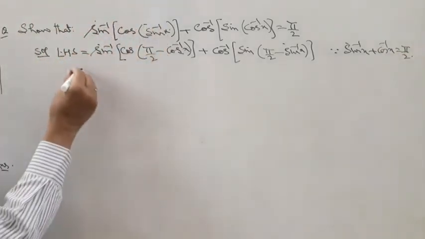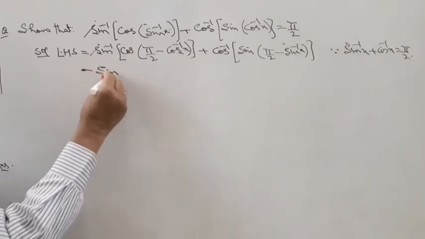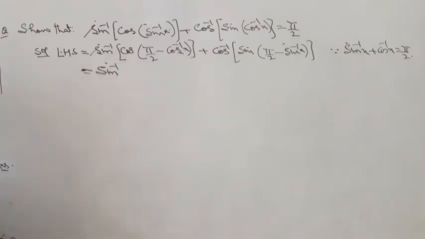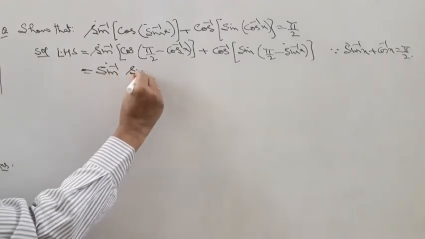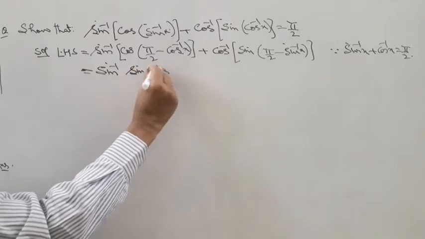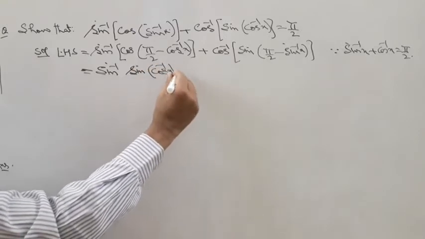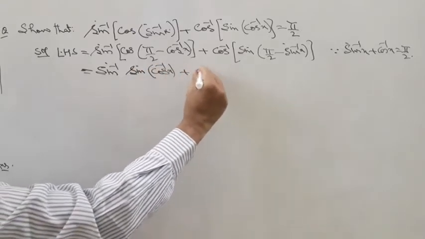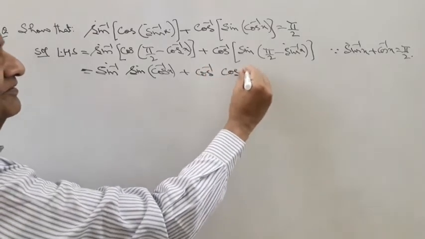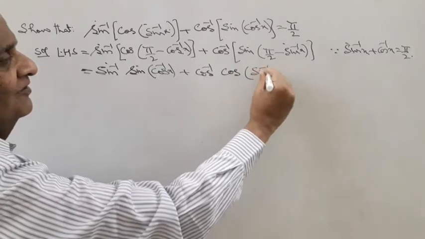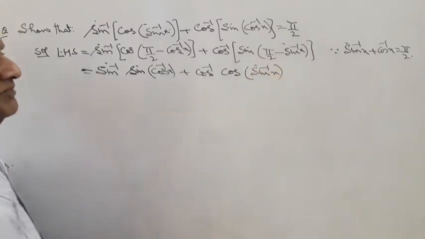So this becomes here sine inverse of, it is cos(90° − θ), sine of cos inverse x, plus cos inverse of sine(90° − θ), cos sine inverse of x. Check up please.